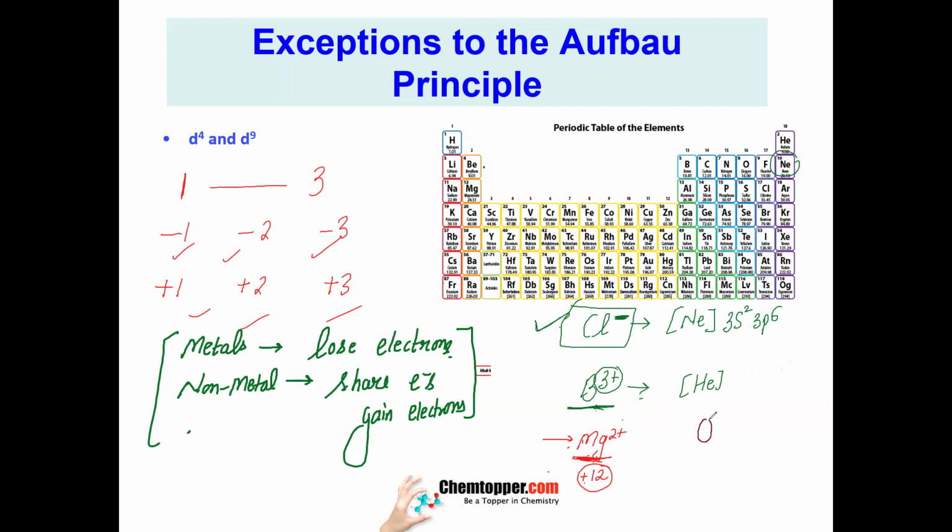O2 minus. So first, you write the normal configuration of oxygen, which is here. And then add 2 electrons in the outermost shell.